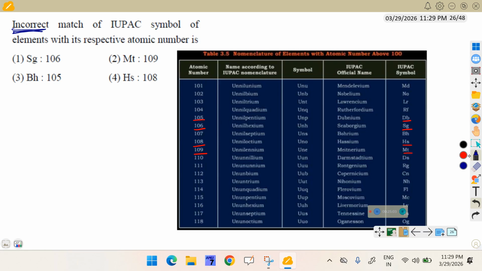No, 105 Bh is a wrong match. Bh is 106. Bh, Bohrium, sorry, Bohrium is 107. 105 element is Dubnium, Db. Third option is wrong.